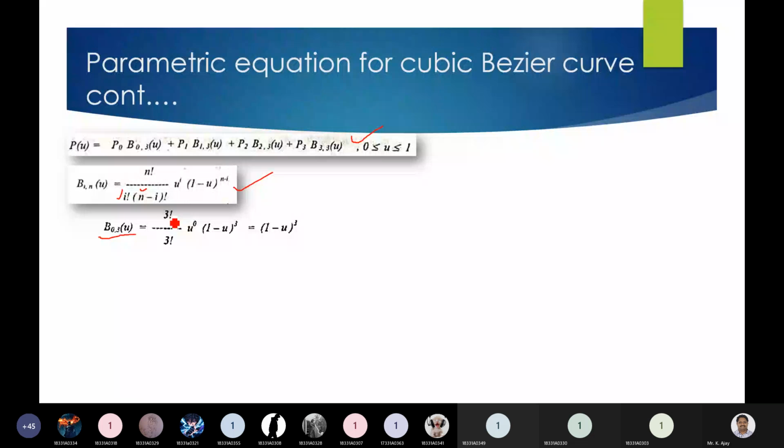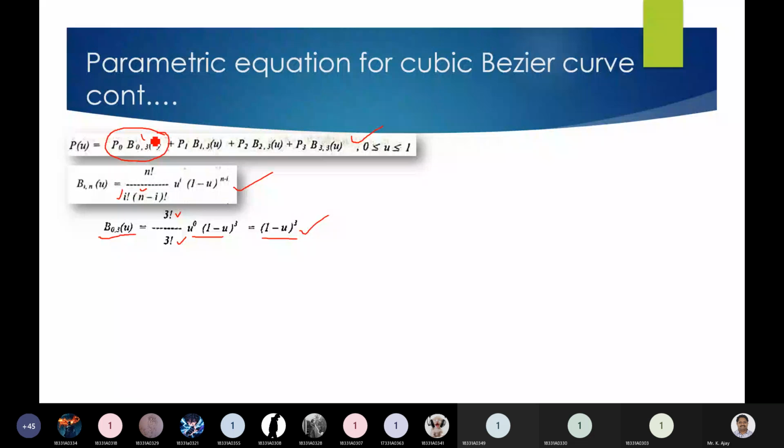So 3 factorial by 3 factorial, and u is a variable to the power of 0. 1 minus u to the power of 3 minus 0, 3. So I am getting 1. The final value is 1 minus u to the power of 3. This is the first Bernstein function B03 of u, which should be applied to P naught.